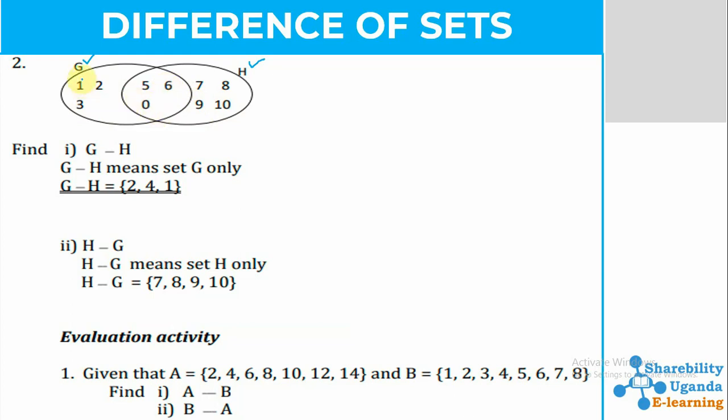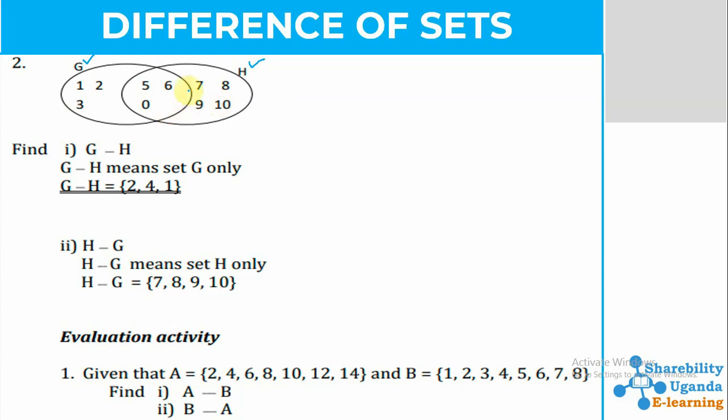Now look here, we are having our set G with G only, that is G minus H. We have 1, 2, 3. Then we also have the members that are in common, the intersection. We have our 5, we have a 6 and a 0. Then we also have 7, 8, 9, then 10.